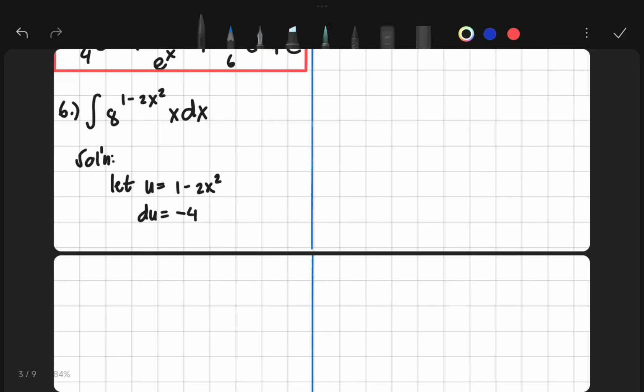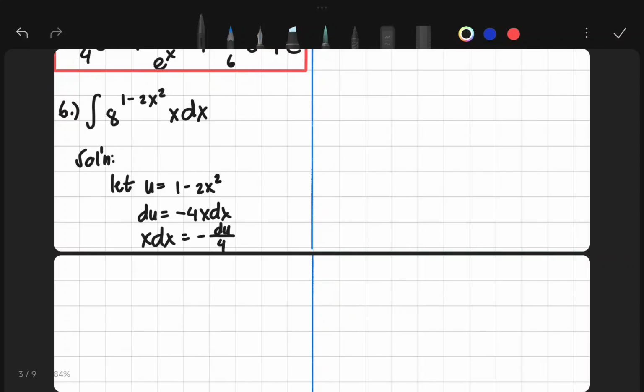negative 4x dx. But we don't have the negative 4 here in our integrand, which is only x dx. So to solve for x dx, you just need to divide both sides by negative 4, which is equal to negative du over 4.